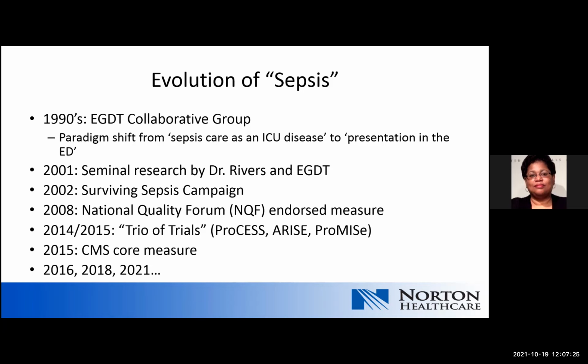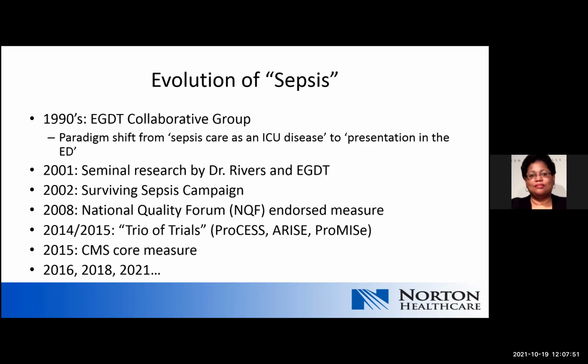So the goal of the Surviving Sepsis Campaign was to collaborate and formulate the best practice guidelines related to sepsis diagnosis and treatment. And their goal was to reduce mortality of sepsis by half. I don't remember the exact date when they said they were going to accomplish this, but I do know that they have significantly reduced mortality related to sepsis since they created the Surviving Sepsis Campaign in 2002.